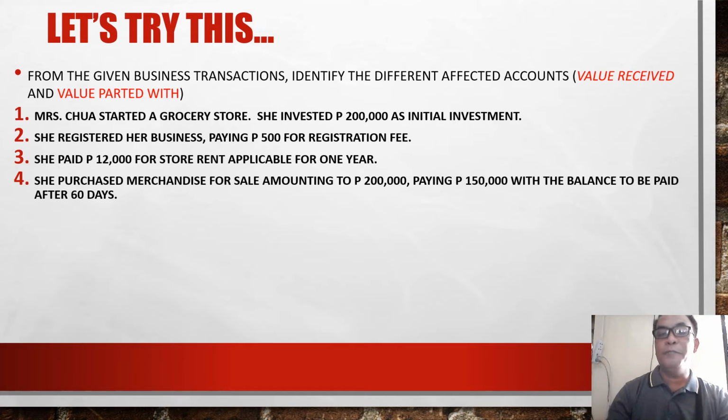At yung natitirang balanse ay babayaran niya within 60 days or 2 months. So, ano po ang mga accounts na naririto? May cash, of course. And, ano yung pumasok nung siya'y bumili ng mga paninda? Di mga paninda, so meron tayong merchandise. Then, anong sabi natin kanina? May balanse siya, meaning may utang.